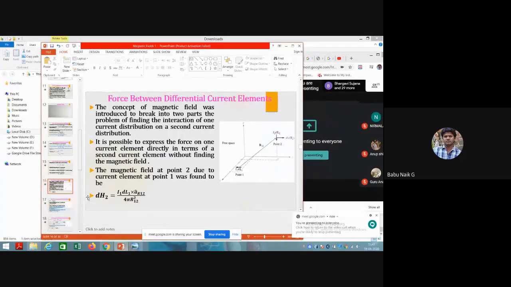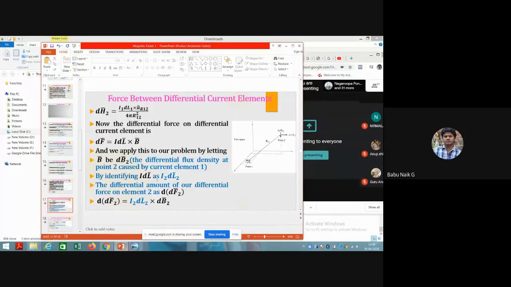You can calculate dH2, the magnetic field at point 2, due to I1 dL1 cross the unit vector a R12 over 4 pi R12 squared, where R12 is the distance between these two points. This is the magnetic field at point 2 due to the current element at point 1. This is from the Biot-Savart law, so you can calculate the magnetic field at point P2.